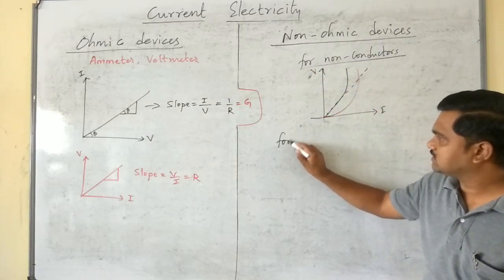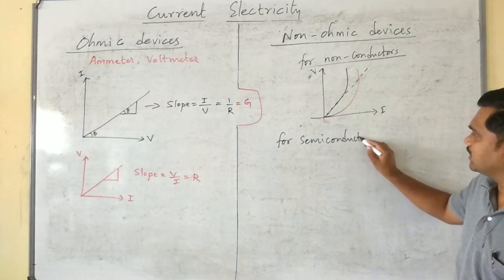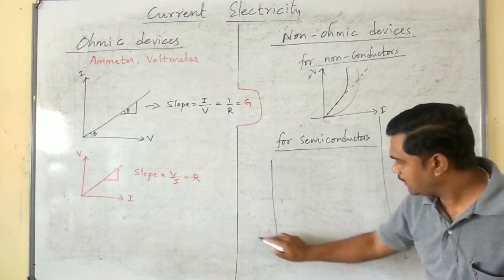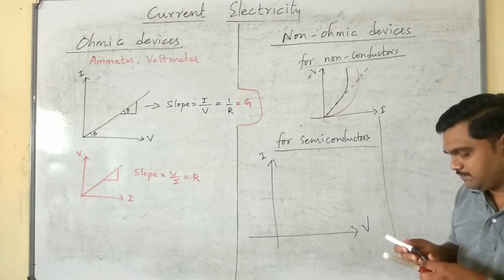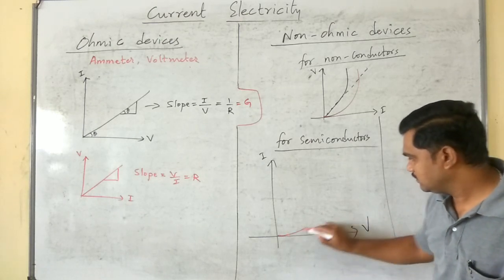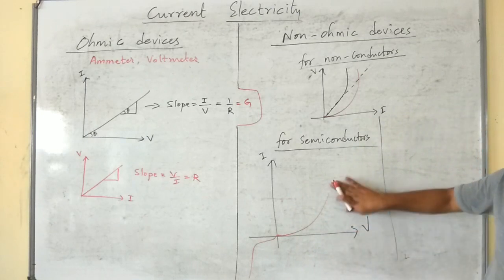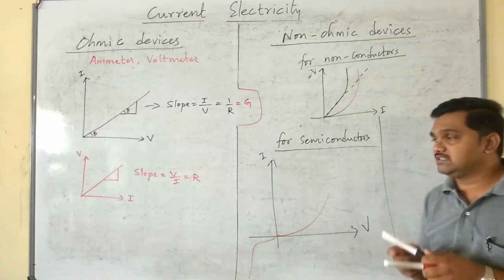For semiconductors, how does this graph look like? I will take I versus V graph only. Here we can expect the graph like this. So this is the graph of I versus V for semiconductors.